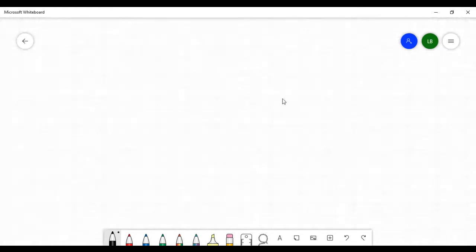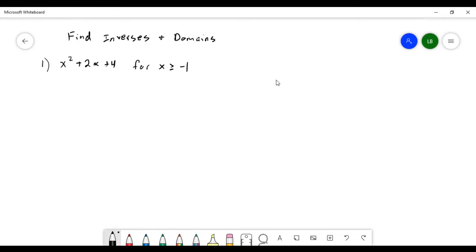I guess we'll go ahead and do a couple of brief practice problems. Your job is to find inverses and the domains of the inverses. So your first problem is going to be x squared plus 2x plus 4 for x bigger than or equal to -1.